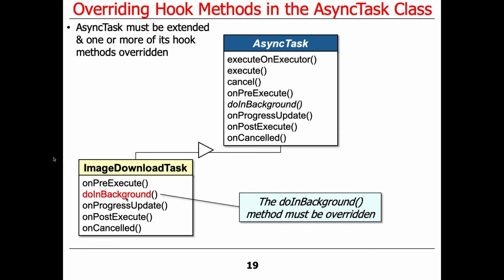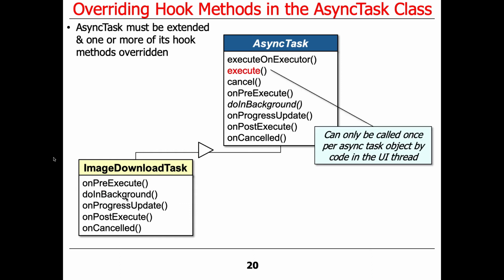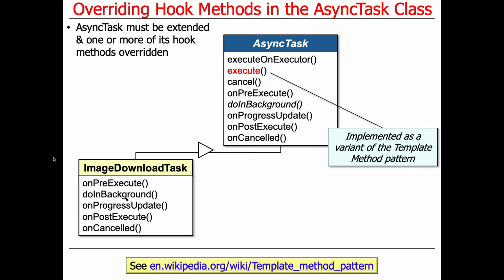As we'll see, you have to override the doInBackground method. This is the one that's abstract. If you don't override this method, then you can't instantiate an instance of the AsyncTask. So that has to be overridden. The other ones may be overridden. I put doInBackground in italics to indicate that it's an abstract method that has to be overridden. Execute is called once per AsyncTask by code in the user interface thread.